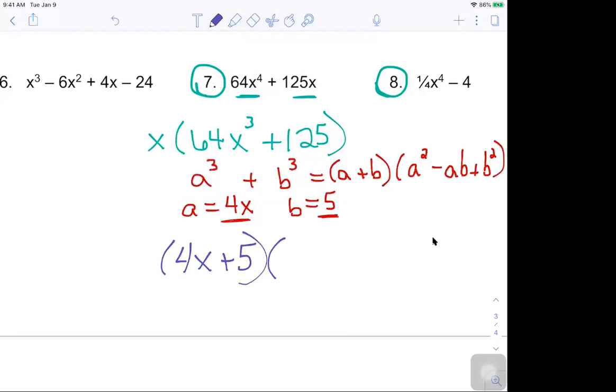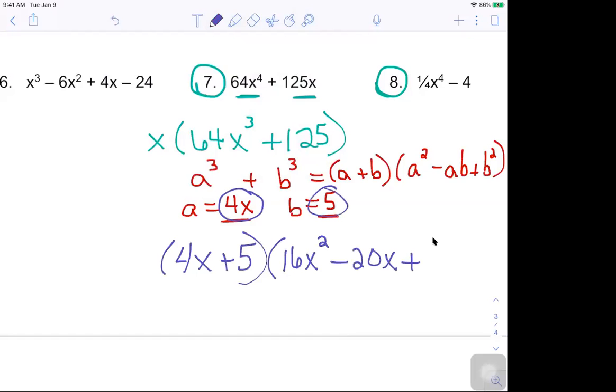I'm just plugging them into the pattern. And then I have to take a and square it. Well, you're squaring all of this, so I have to square the 4, and I have to square the x. That's something that people forget, so make sure you square both. We have the opposite sign, which is a minus. And then it says take a times b, so I'm multiplying a by b. That's 20.